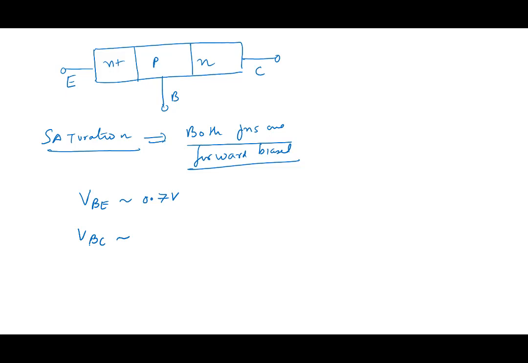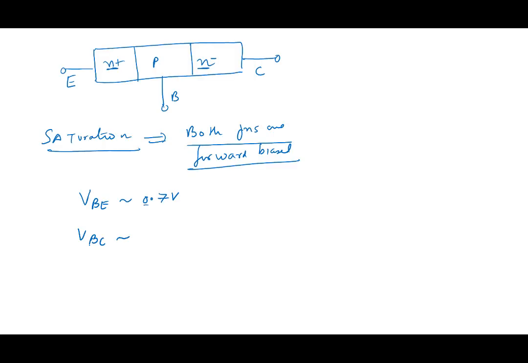Forward bias junction, also 0.7. Except that, note that this junction is N plus and this junction is N minus. So 0.7 volt may be needed to get 1 milliampere current, while here you may find that you need only 0.5 volt to get 1 milliampere current.